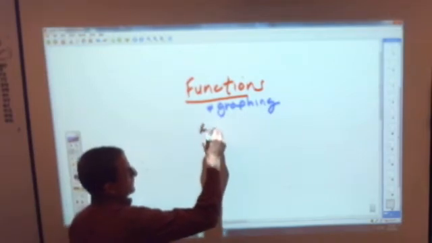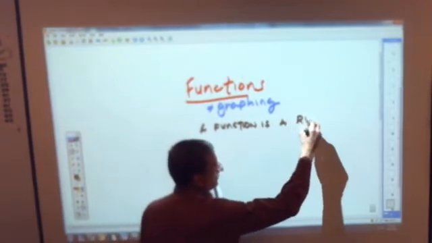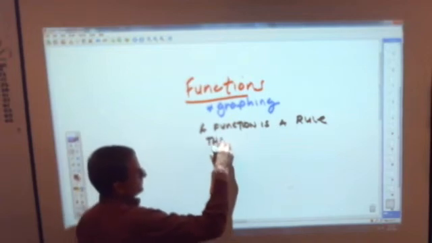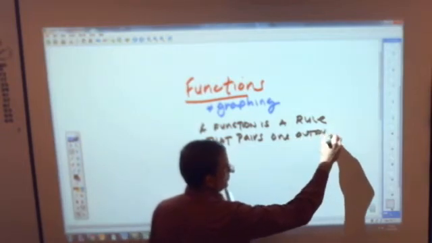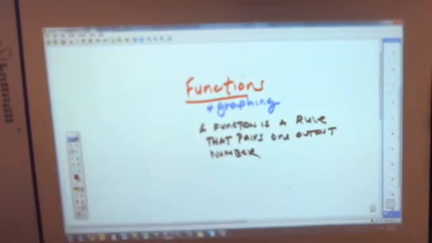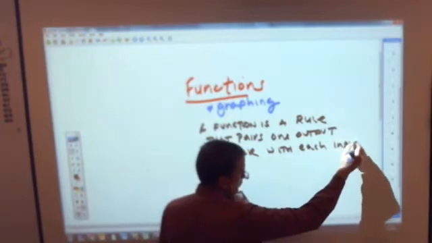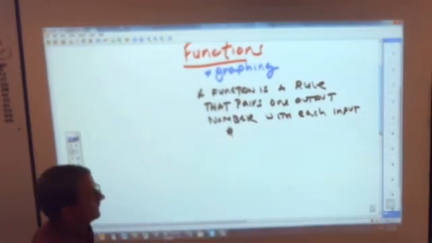A function is a rule, or I guess you could call it a formula, that pairs one output number with each input number. I'll give you a chance to write that, and then we'll talk a little bit about that.